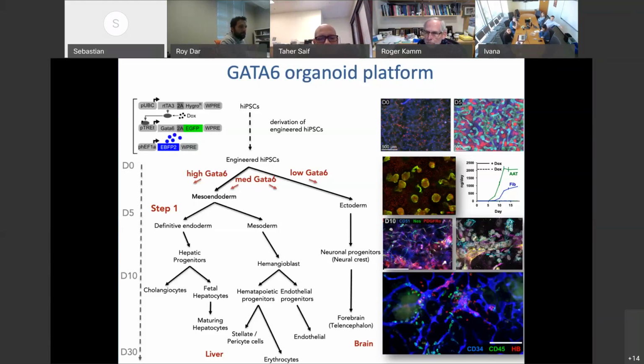We have some ideas about how to build lineage activated stochastic switches that may be able to push cells in different directions. But I agree, I think the stochastic aspect of it is super interesting and not sufficiently well understood.